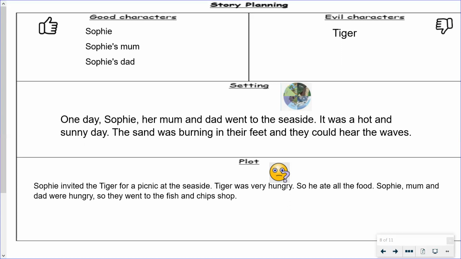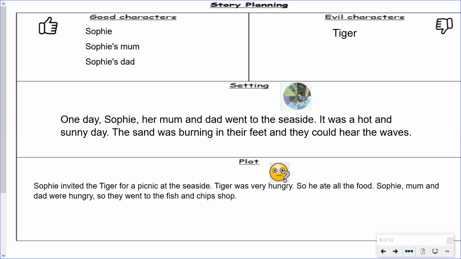Tiger was very hungry, so he ate all the food. Sophie, Mum and Dad were hungry, so they went to the fish and chips shop. Now, can you think about our features of a narrative and spot what is my problem? So what is the problem that the characters face in my story?